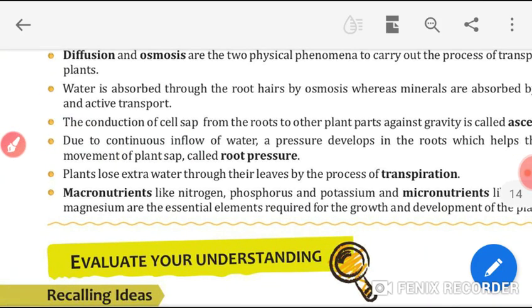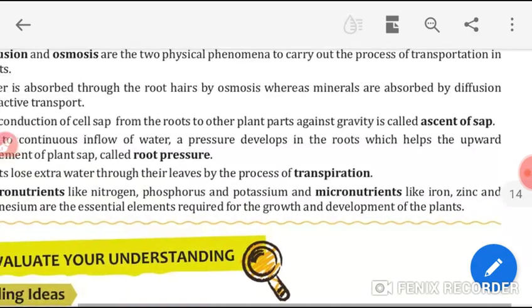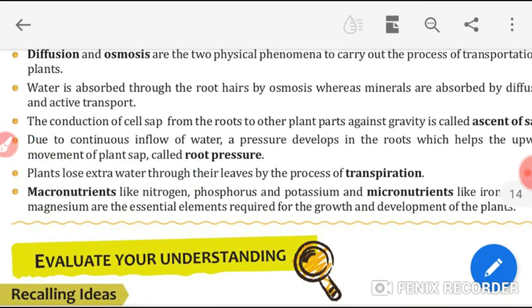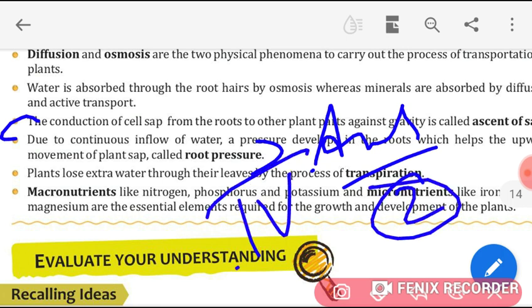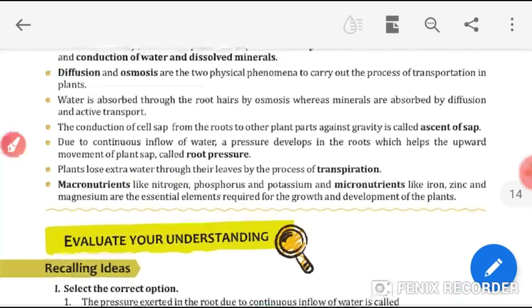Due to continuous inflow of water, a pressure develops in the roots which helps the upward movement of plant sap, called root pressure. Students, these 2 points are your answer number 2nd. Differentiate. Okay students, now come to your question number 3rd.